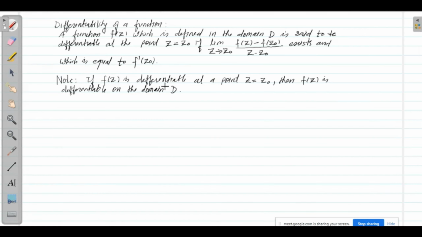If the given function is differentiable at each and every point of the domain D, then we can say that the function is differentiable on the domain D. Getting? So this is the simple definition for differentiability of a function.